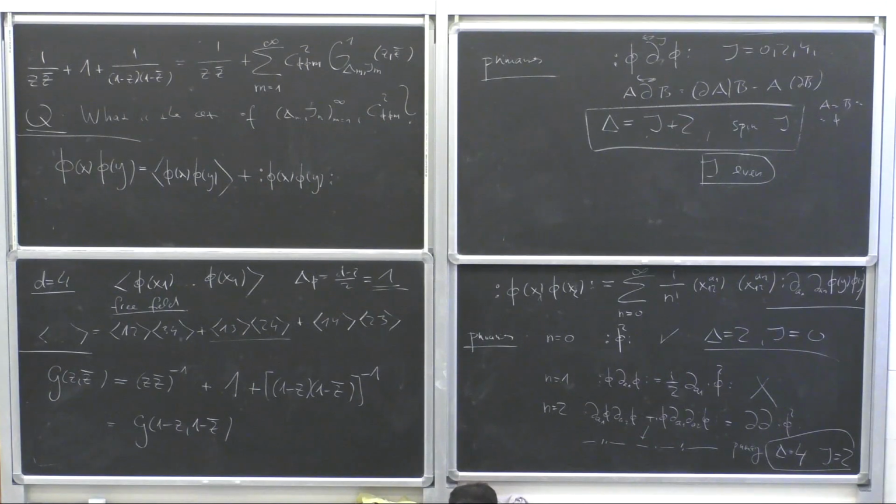So I'm just writing the formula that I wrote down earlier on the board. Sorry, this shouldn't be z bar, but just z. It's symmetric, and the whole thing should be symmetric under switching z and z bar because of reality.